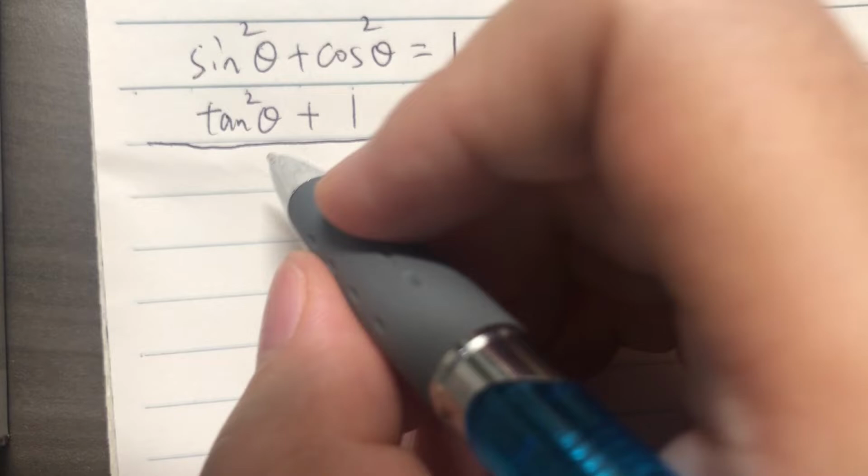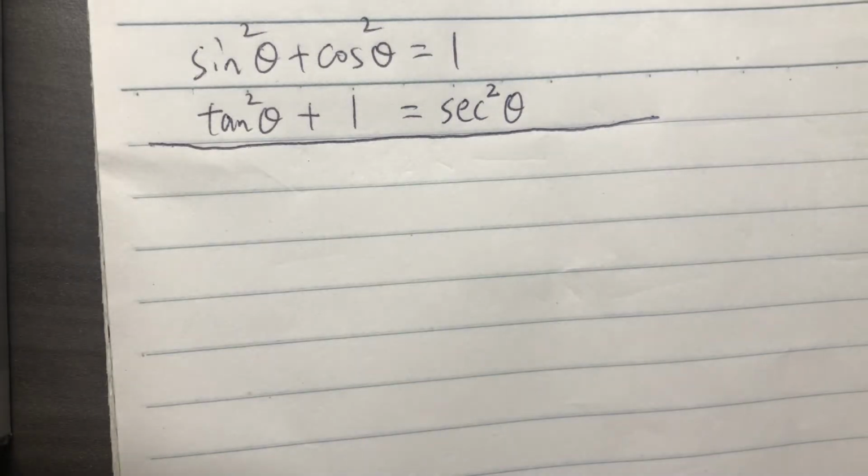Okay, let's jump to the conclusion first. There are three kinds of trig substitutions.